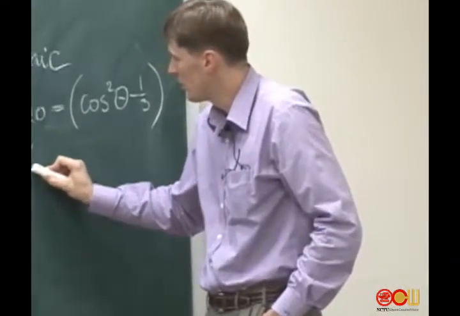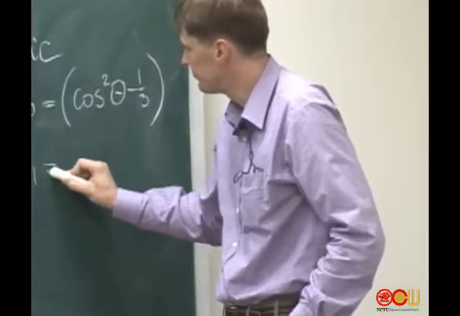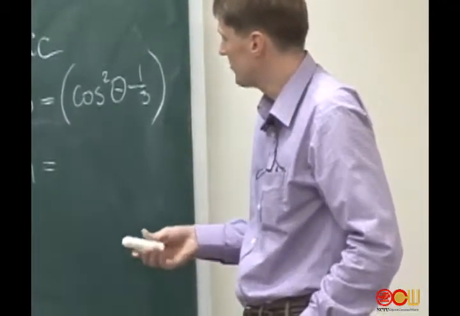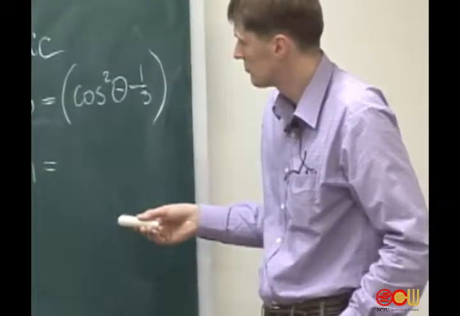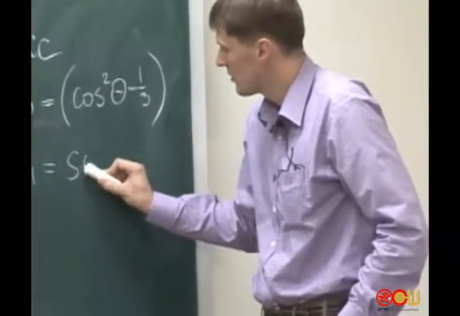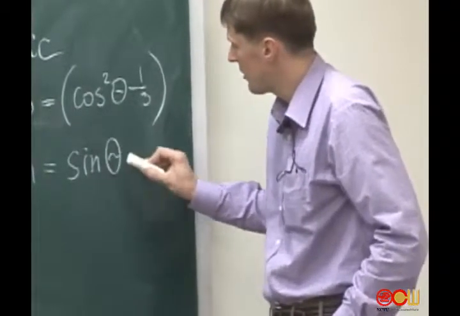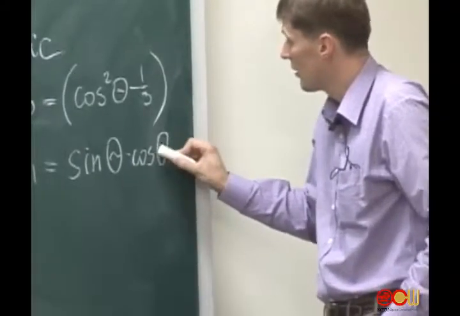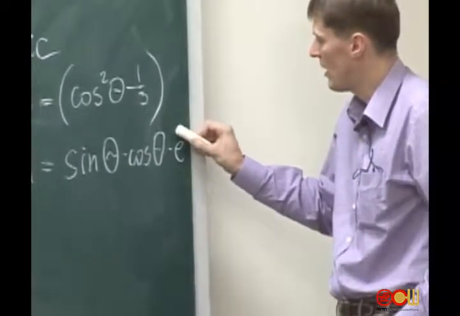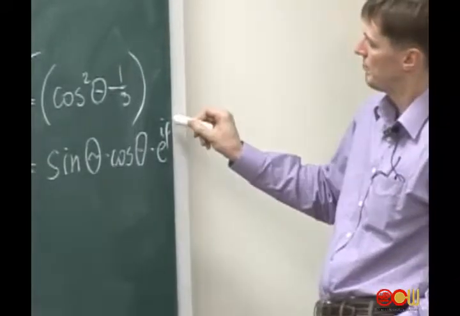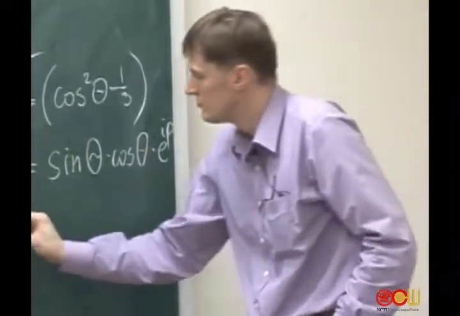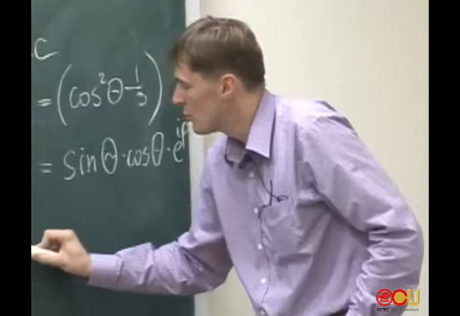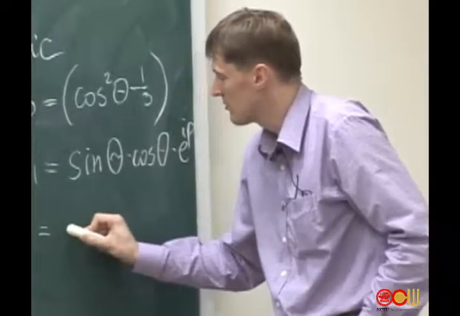Next one, 2, 1 is given as a sine theta times cosine theta, of course, times e to the i phi. 2, minus 1 is given similarly.